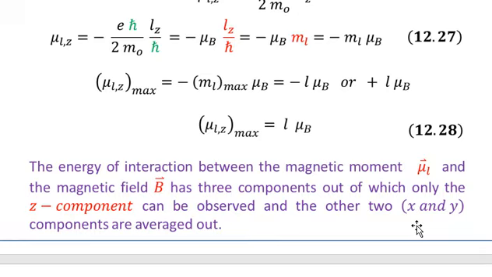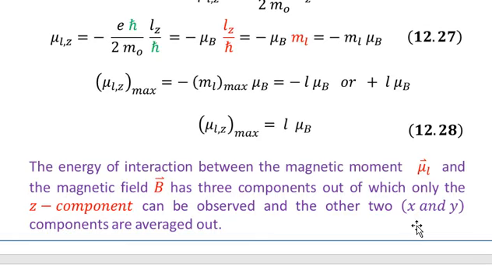So you see that today I have discussed in much greater detail the orbital angular momentum of the electron and its quantization, and I have also discussed the quantization of the orbital magnetic moment of the electron or the atom.